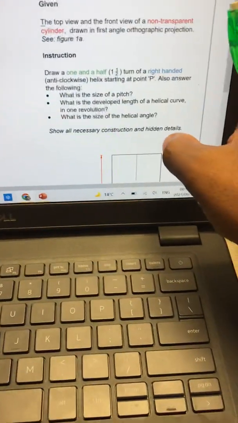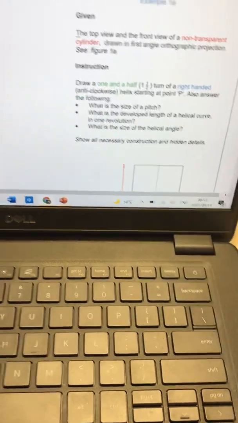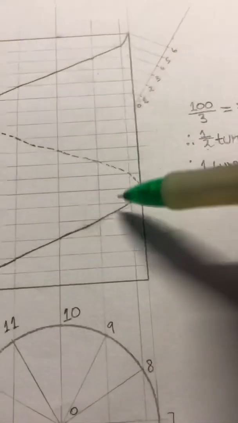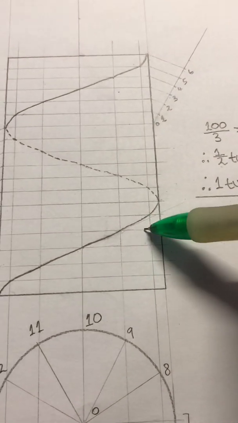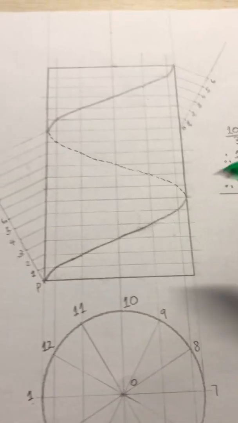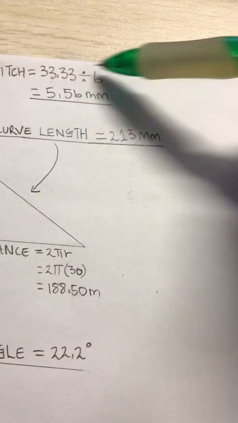So coming to the questions. The first question is saying, what is the size of a pitch? Pitch, remember, is from here to here. So what I did is I divided 33.3 by 6.